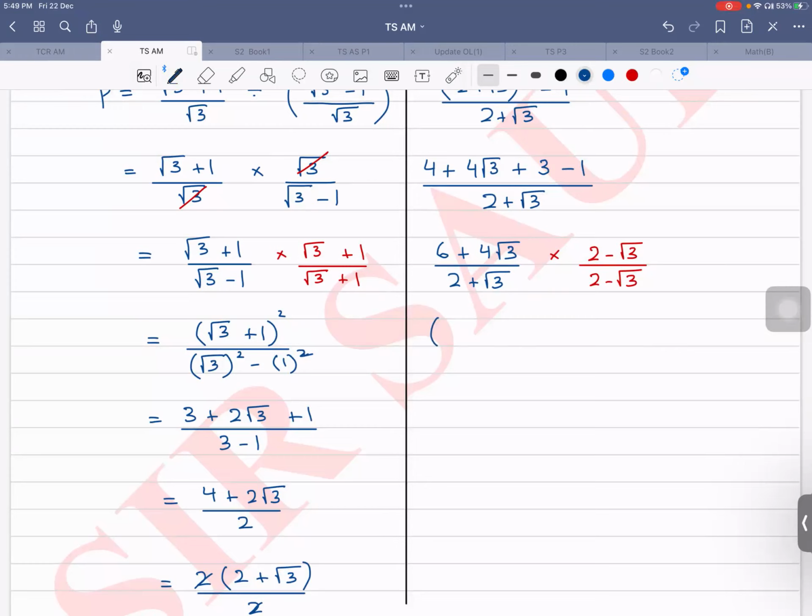Let's make two brackets. 6 plus 4 square root 3 times 2 minus square root 3 upon a square minus b square. Normally when a rationalization question comes, it is mentioned in the question "without using a calculator". That is why it is very important that you show all the steps.